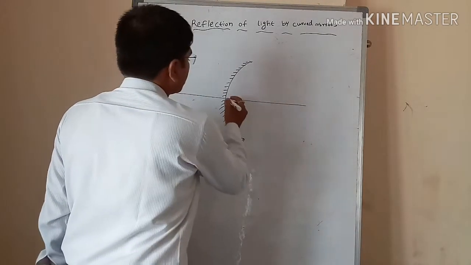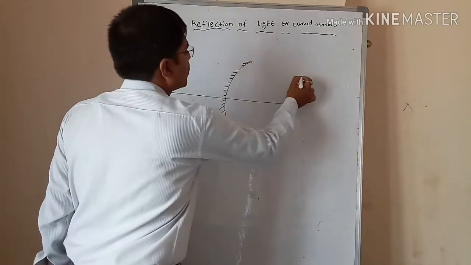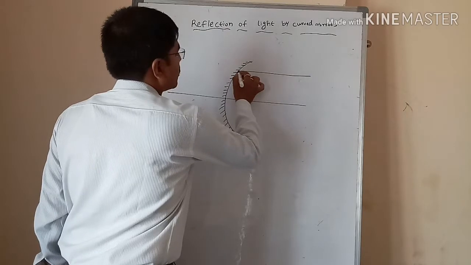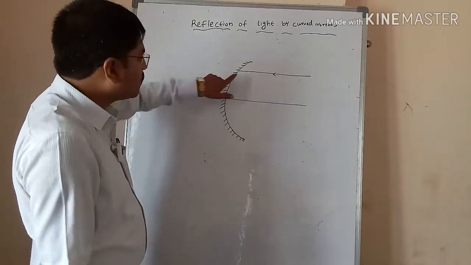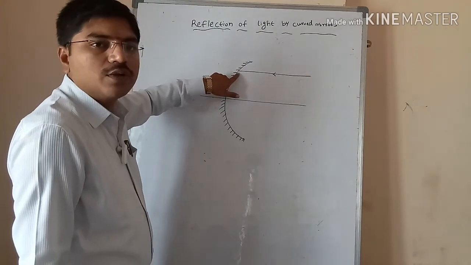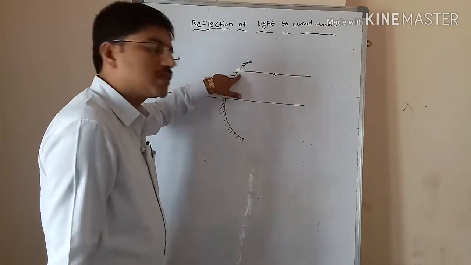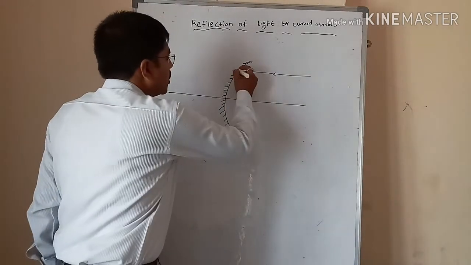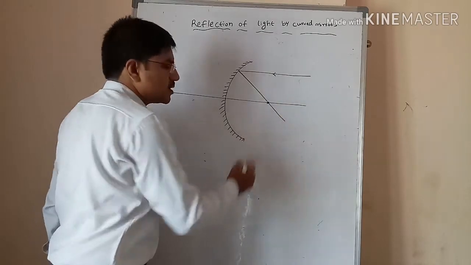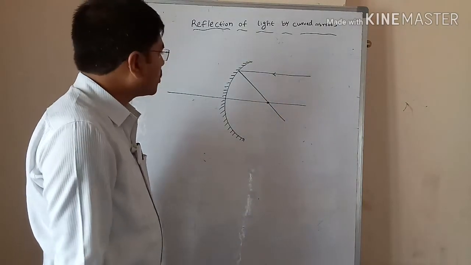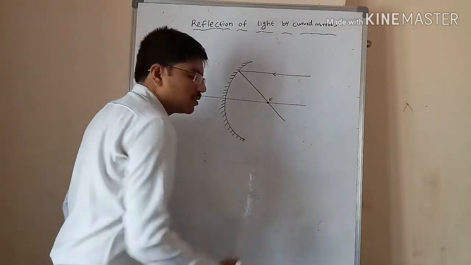You already know that this is the principal axis and this dot is the pole. If a ray is coming from infinity, after reflection, because curved surfaces also reflect, not only plane surfaces, where will those rays meet on the principal axis?